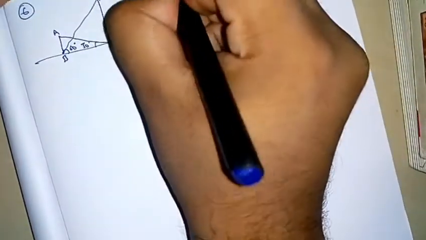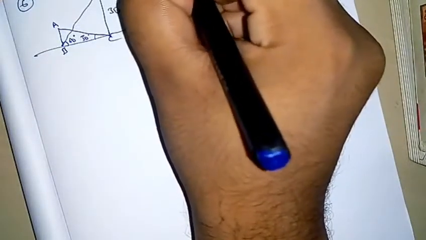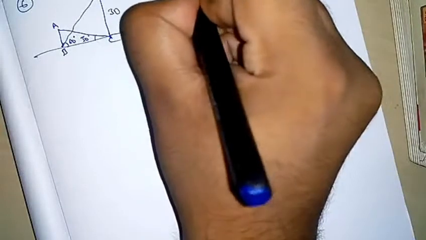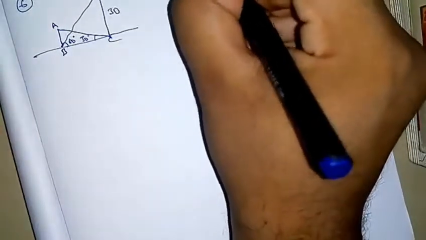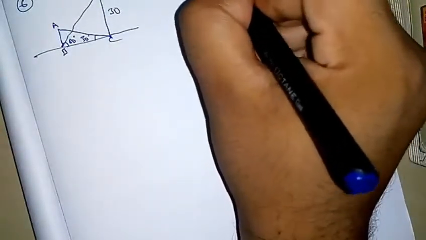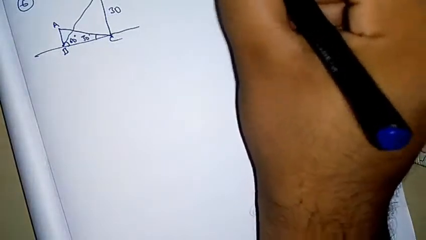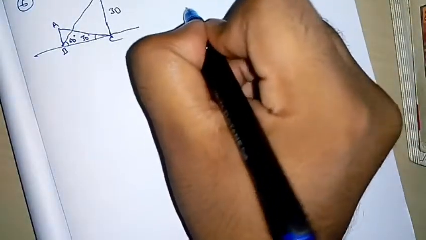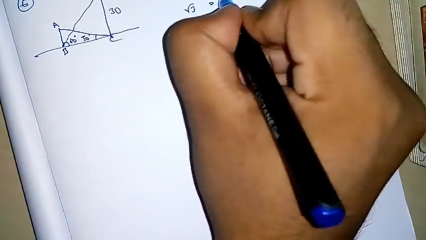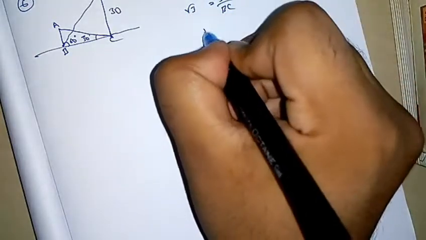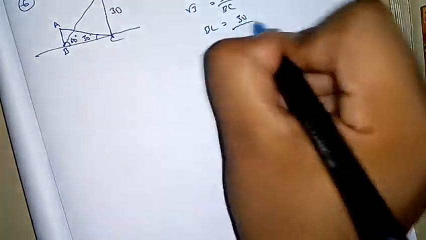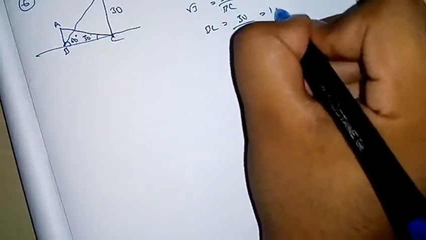So what you can do is, in triangle DBC, tan 60 degrees is equal to opposite side DC by adjacent side BC, which is equal to 30 by BC. Tan 60 is root 3, which is equal to 30 by BC. Therefore BC is equal to 30 by root 3, which is equal to 10 root 3.